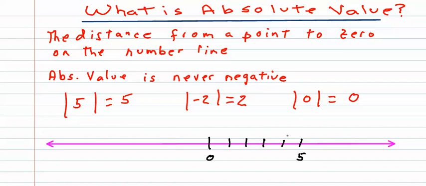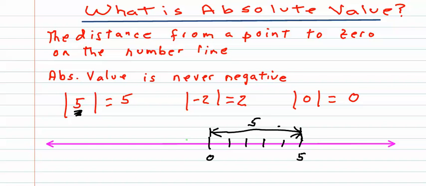The distance from 5, this point right here, to 0, those are arrows, is 5. The distance is 5, therefore the absolute value is 5.